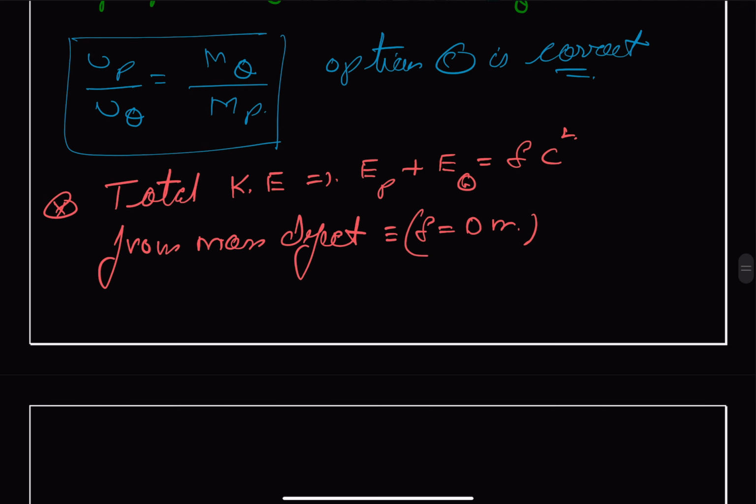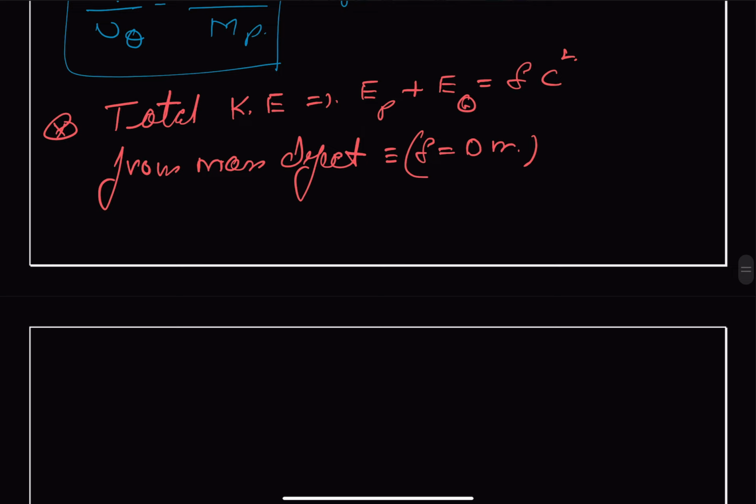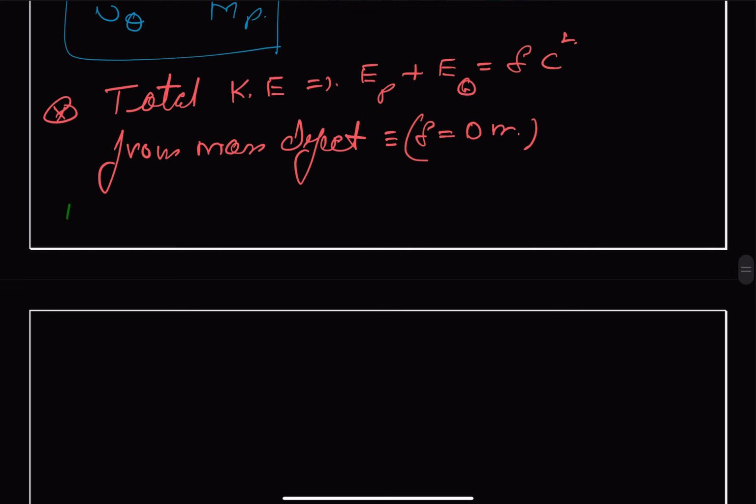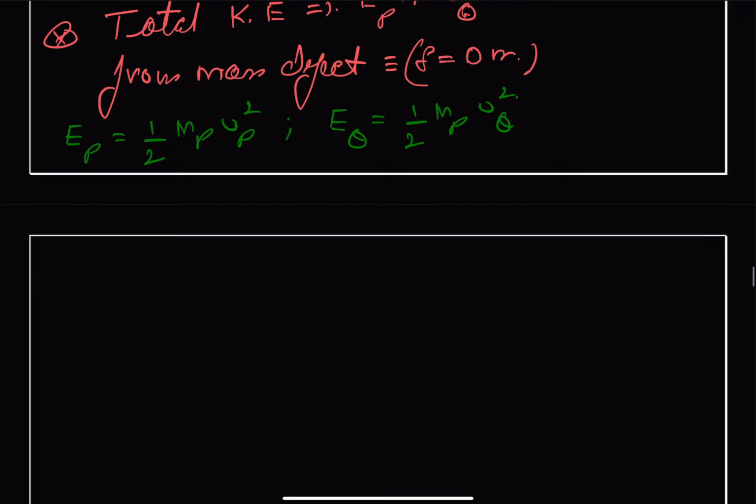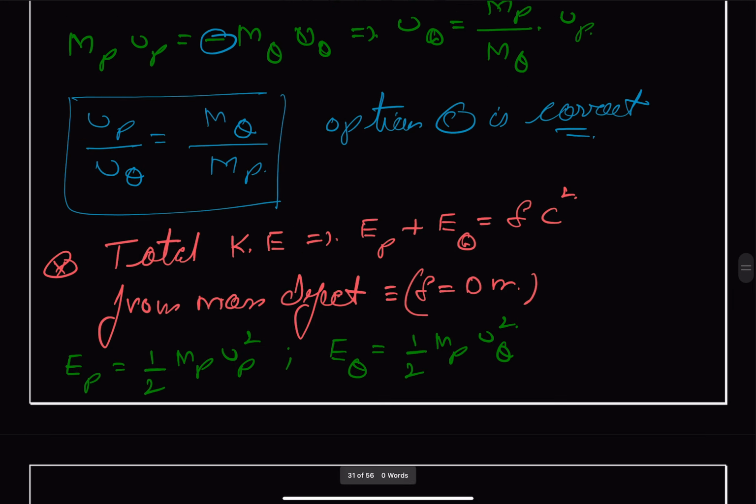So let us use the formula that kinetic energy of P will be equal to half mass of P velocity of P square. Kinetic energy of Q will be equal to half mass of Q and velocity of Q square. We also know that VQ is equal to this particular relationship.